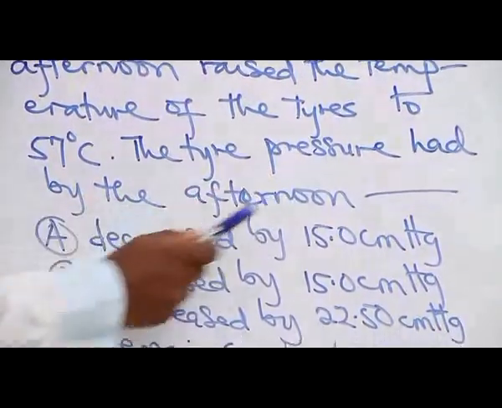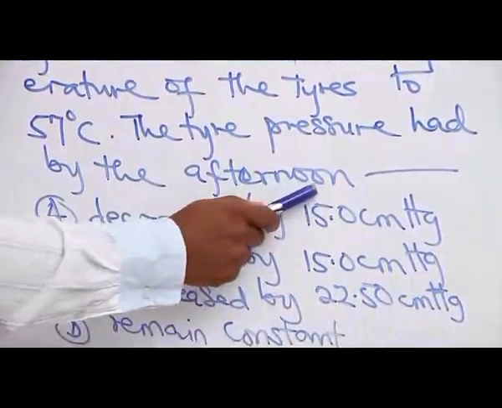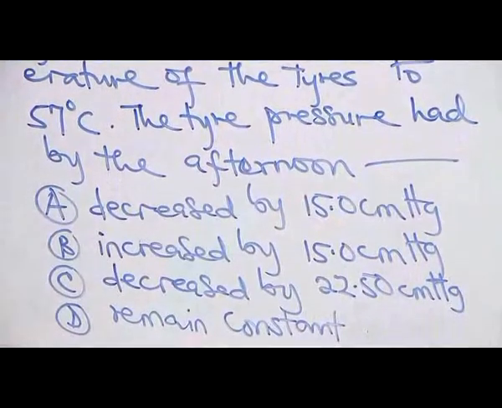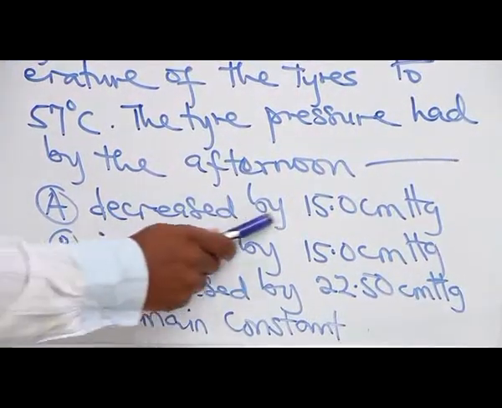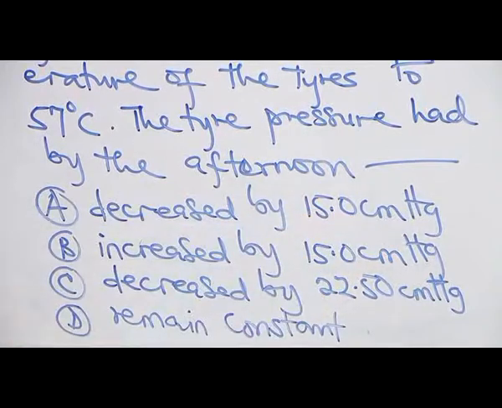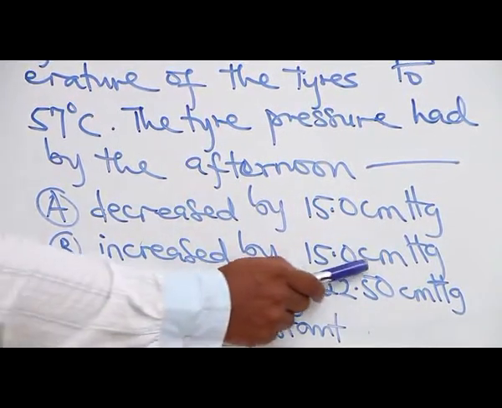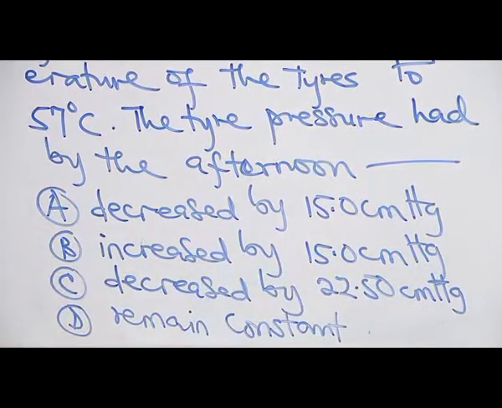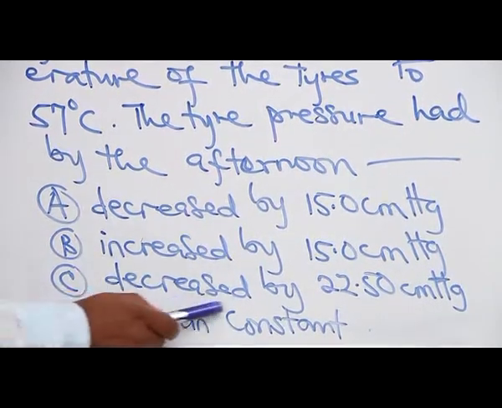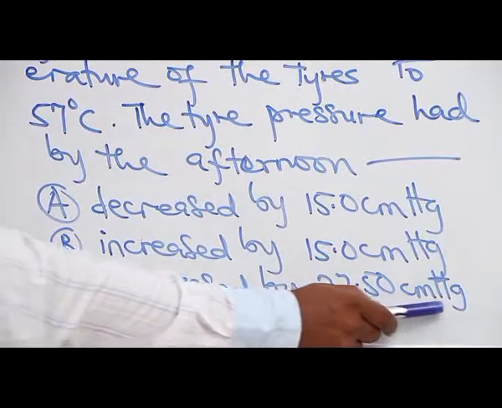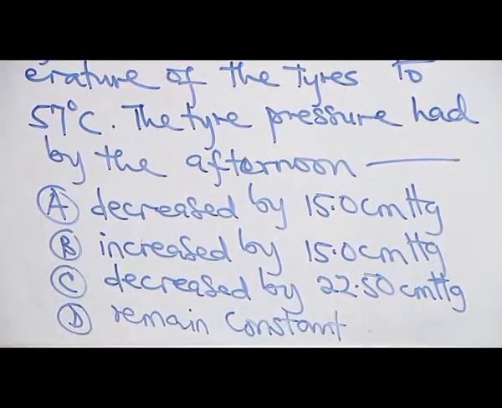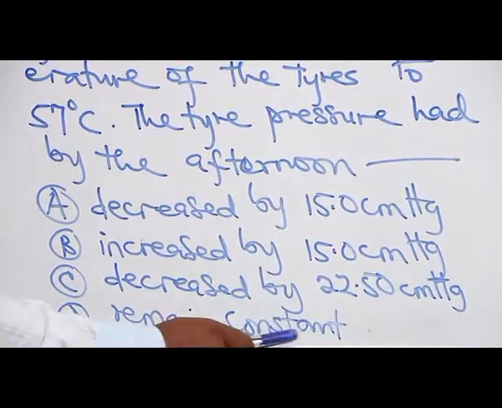The tire pressure had by that afternoon: A. Decrease by 15 centimeter mercury. B. Increase by 15.0 centimeter mercury. C. Decrease by 22.50 centimeter mercury. D. Remain constant.